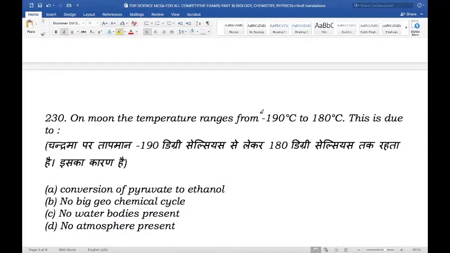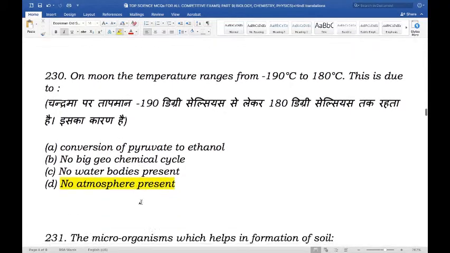So the temperature range from negative 190 degrees Celsius to 100 degrees Celsius on Moon is due to the fact that there is no atmosphere present. The Moon has a weak surface gravity, which causes gases to escape into space. And the reason why is because it lacks atmosphere, which affects temperature regulation.